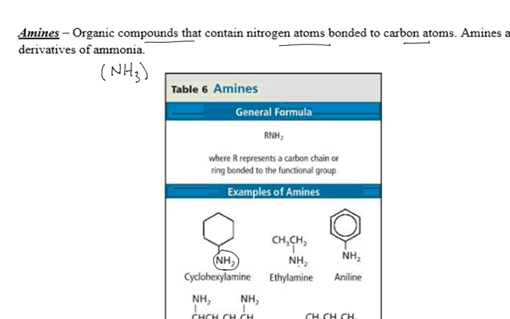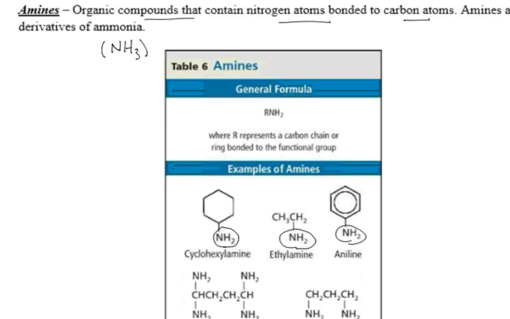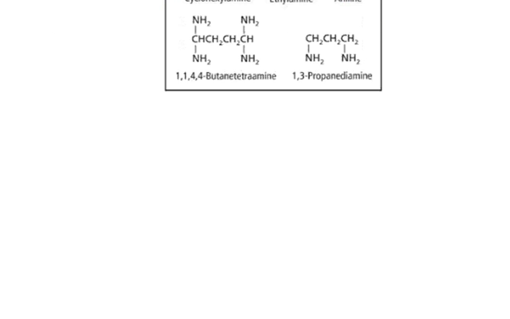So somehow there's an NH2 attached to the molecule. When we name them, we take the basic name of the molecule, the hydrocarbon that it came from, and just add amine to the end of it.